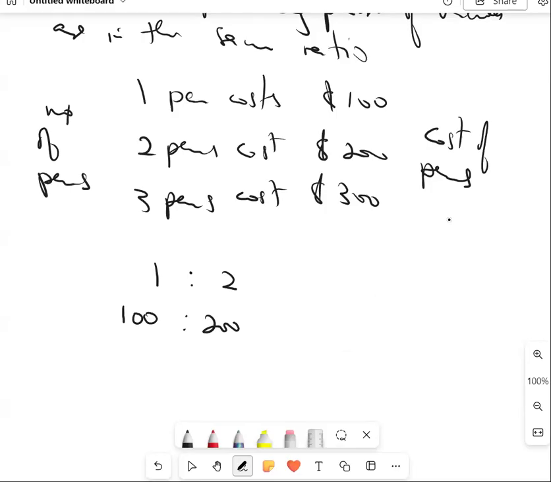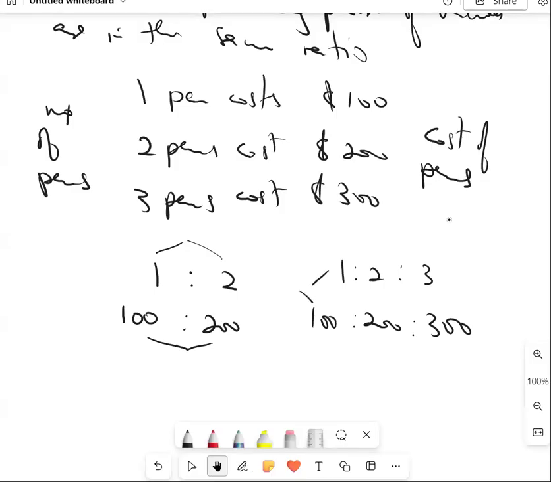So if you were to compare the number of pens, you will see that there is also a similar ratio for the cost. If you put 1 to 2 to 3, you'll have 100 to 200 to 300. So notice they are in the same ratio, and therefore you can say that they are in proportion.